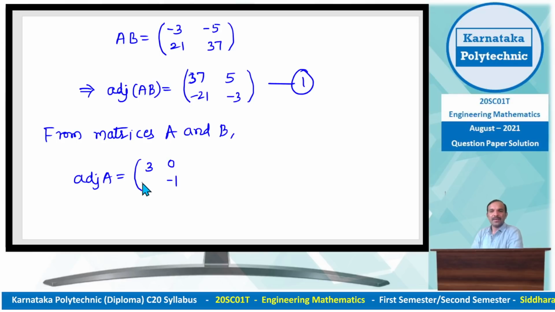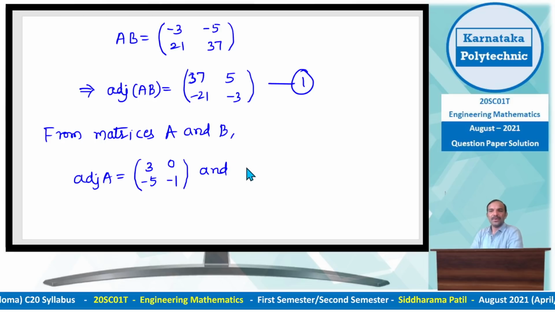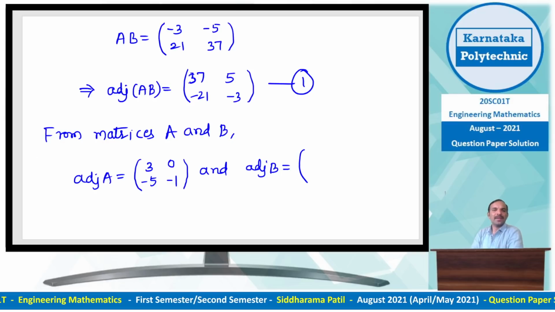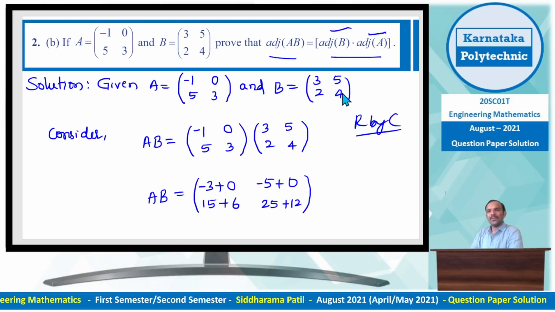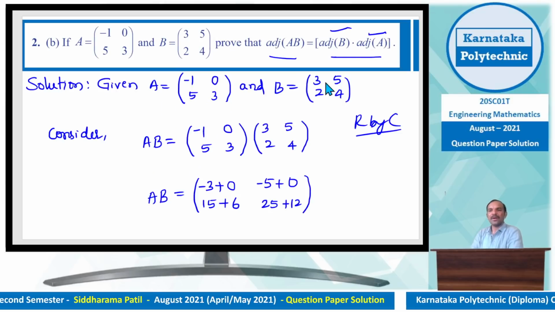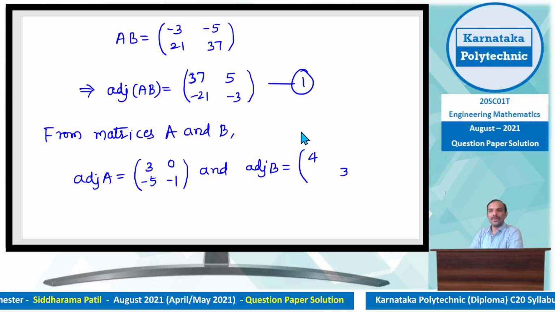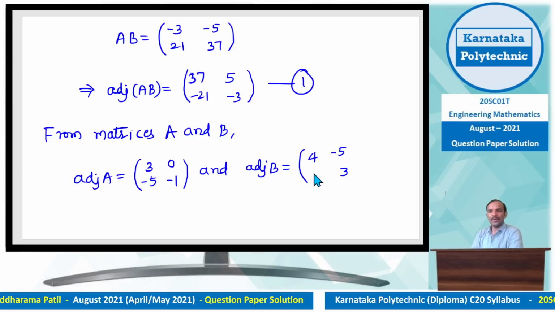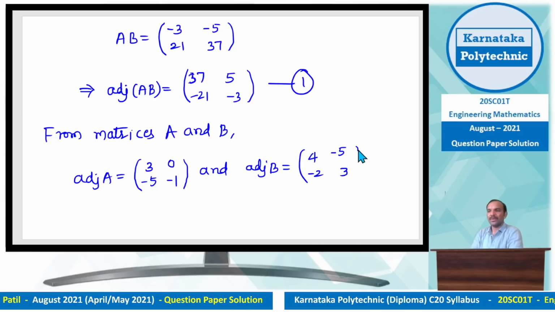And adjoint of B equals: change the diagonal elements first, that is 4, 3; change the sign of non-diagonal elements, minus 5, minus 2.